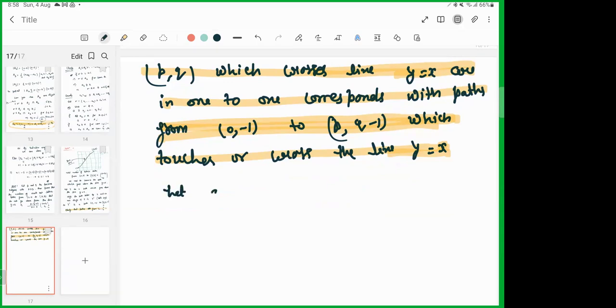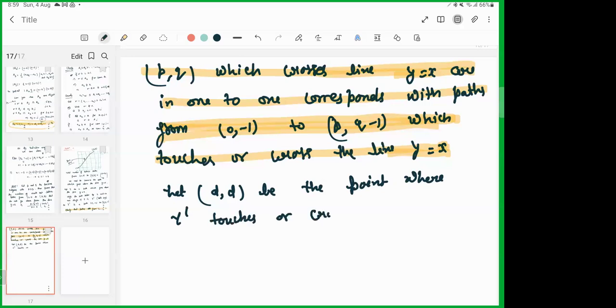Let d, d be the point where gamma dash touches or crosses the line y equals x. Right?